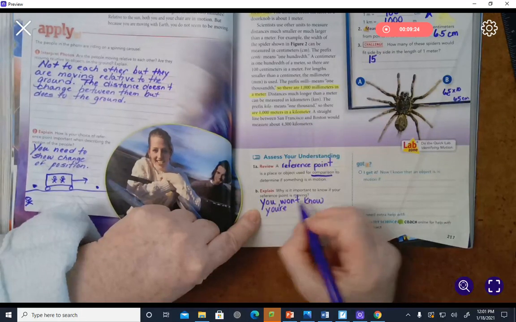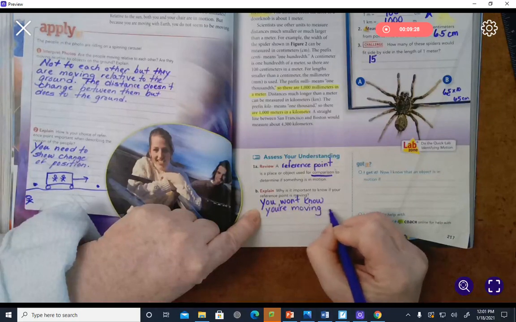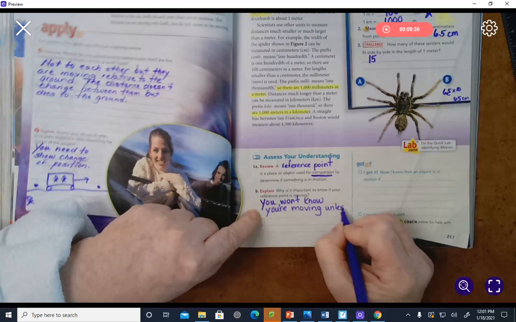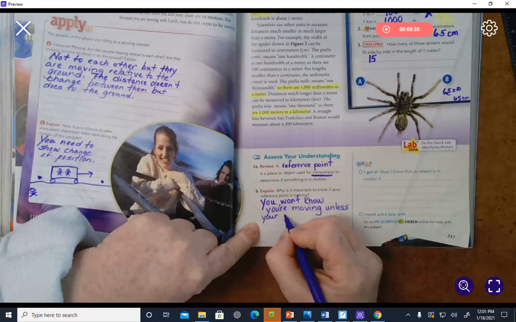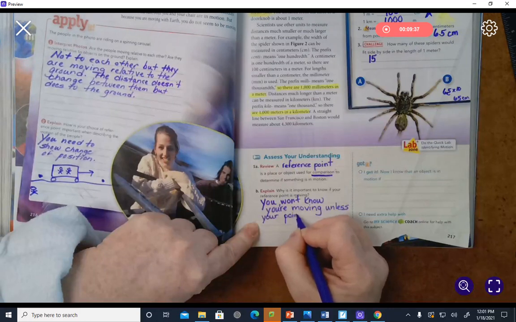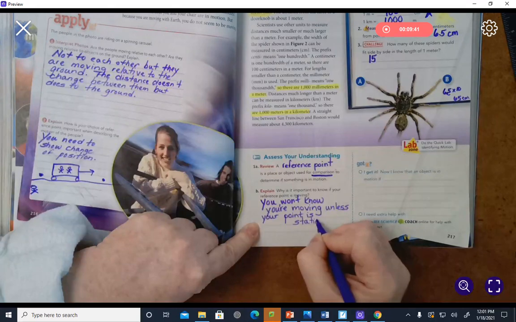You are moving. Unless, and let's just shorten this, your point is, and I want to use that big word, stationary.